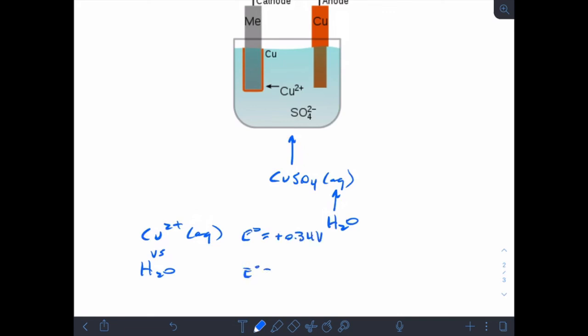My E0 for the water reduction is minus 0.83 volts. So between the two, the copper is preferentially reduced.